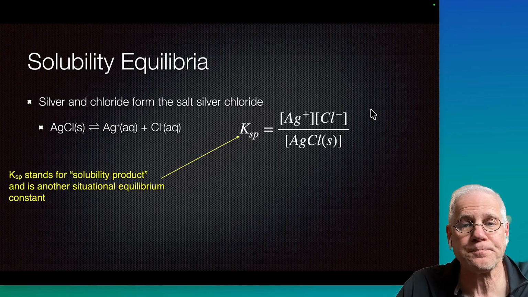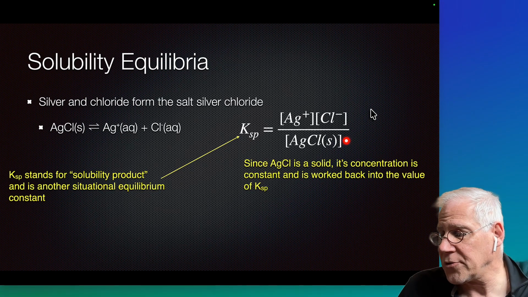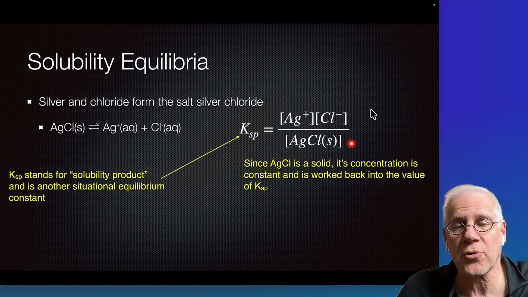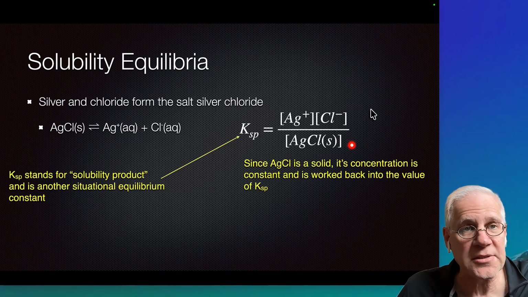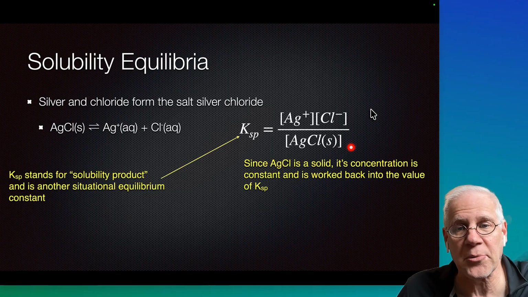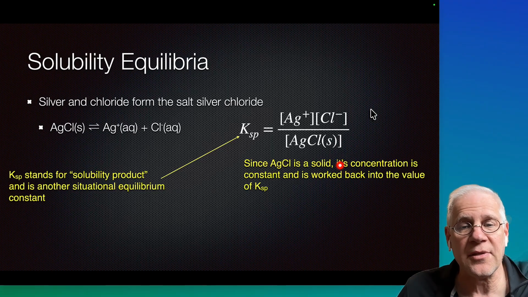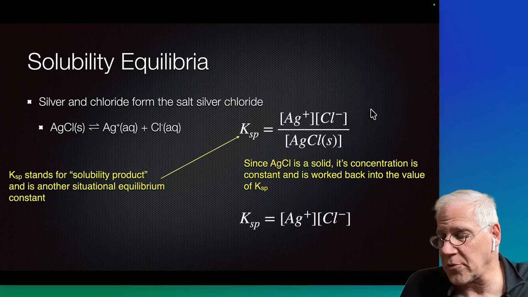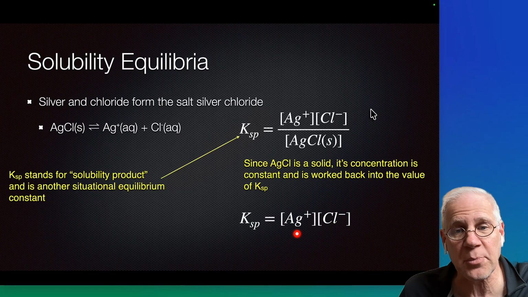Now, we do see that AgCl, silver chloride, is a solid here. Because it's a solid, just like before, we do not include solids in our equilibrium constant expressions. The concentrations of those solids are constant, and they get worked back into the value of the Ksp. So what we end up with, the true equilibrium expression for the Ksp, is nothing more than Ksp is equal to concentration of Ag+ times concentration of Cl-.